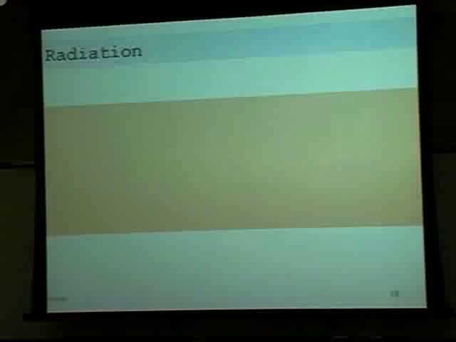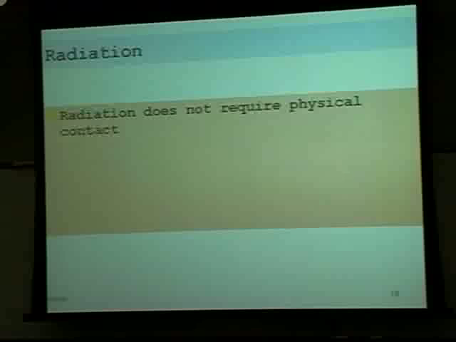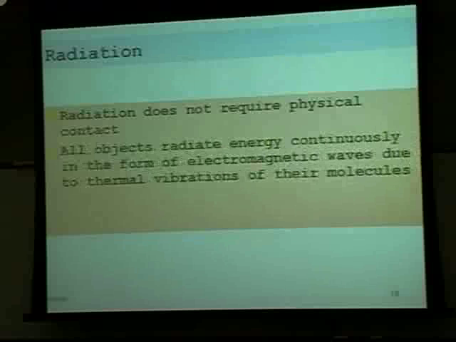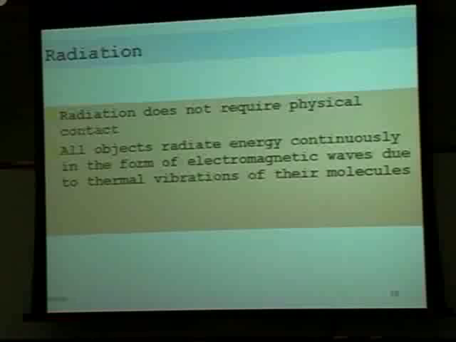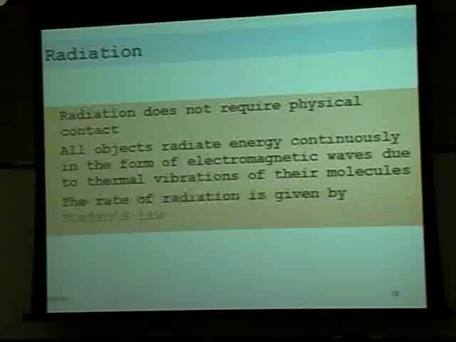Last form of heat transfer, radiation. It does not require any direct physical contact. All objects radiate energy continuously in the form of electromagnetic waves due to thermal vibrations of their molecules. The rate of radiation is given by Stefan's law, sometimes called the Stefan-Boltzmann law.